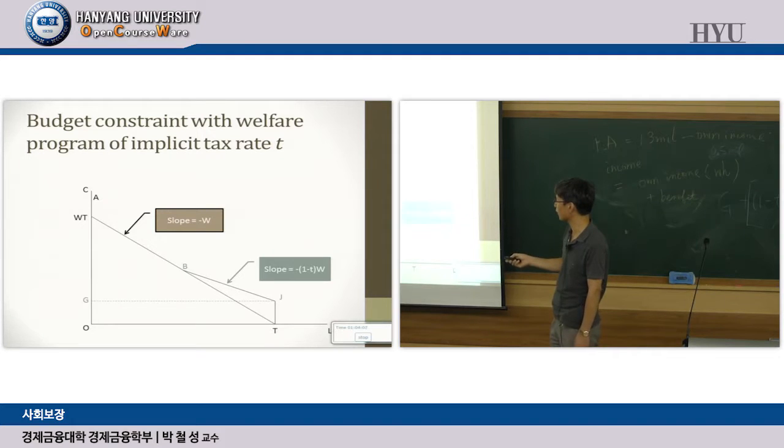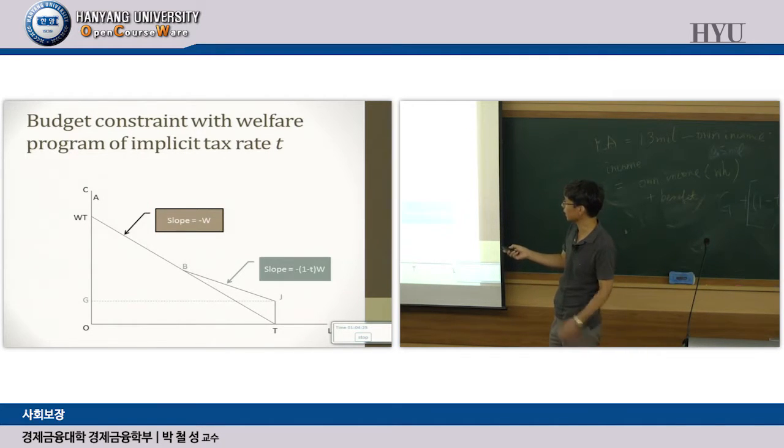But once you reach the point where the benefit becomes 0, then this is your budget line. Okay? So see that there is a kink. Two kinks.